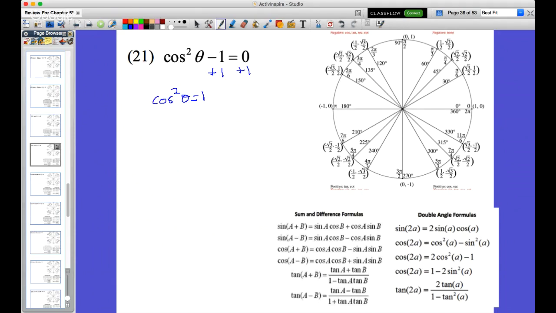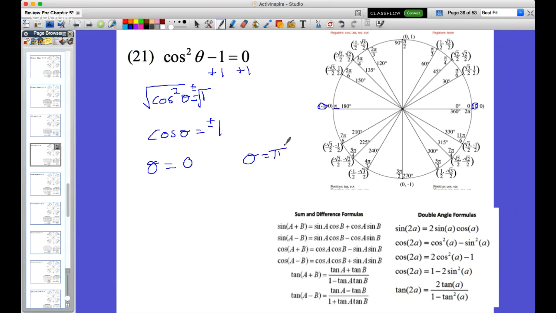The way that we can get rid of it is by square rooting. When you square root that, you're going to get the cosine of an angle. Now, remember, when you square root, you will always get a positive and negative answer. So now we have to identify where the cosine is positive and negative 1. I know its cosine is positive 1 here, so our angle is for sure 0, while the other angle will be pi.